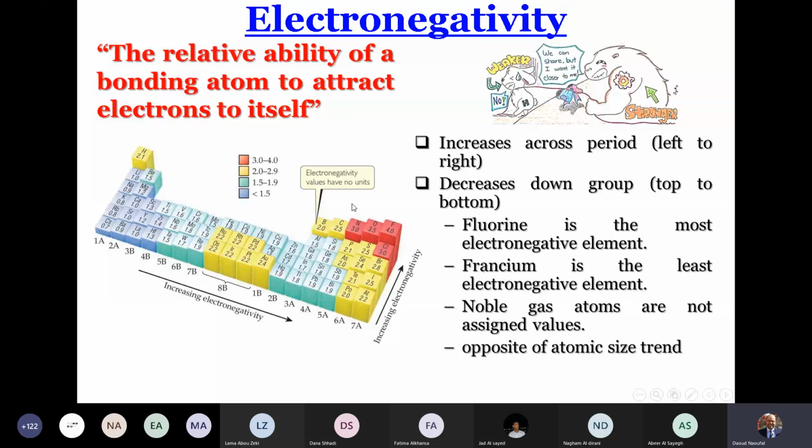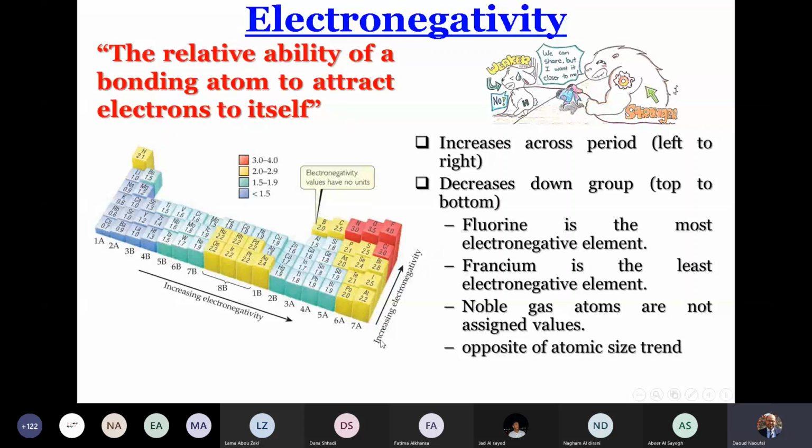What is the trend of electronegativity in the periodic table? In general, the electronegativity increases from left to right and from down to up.